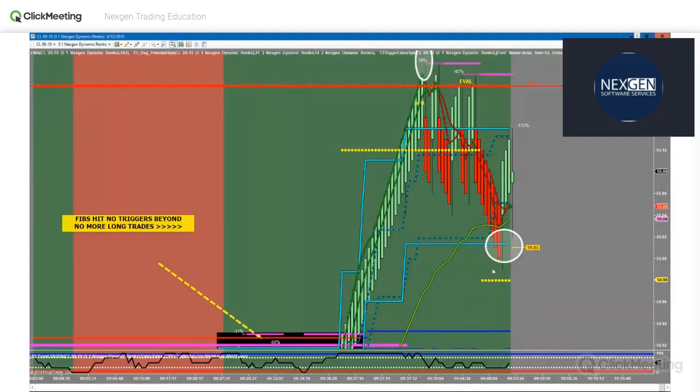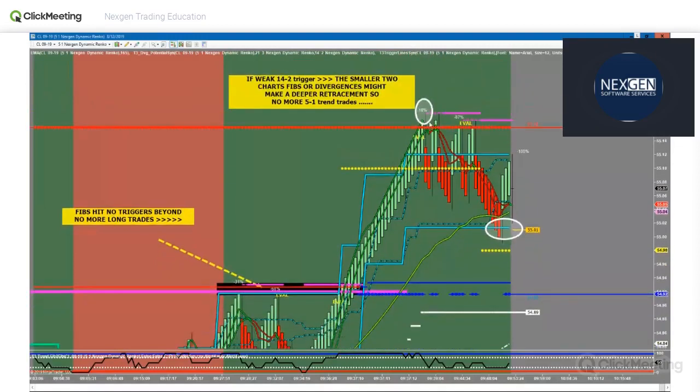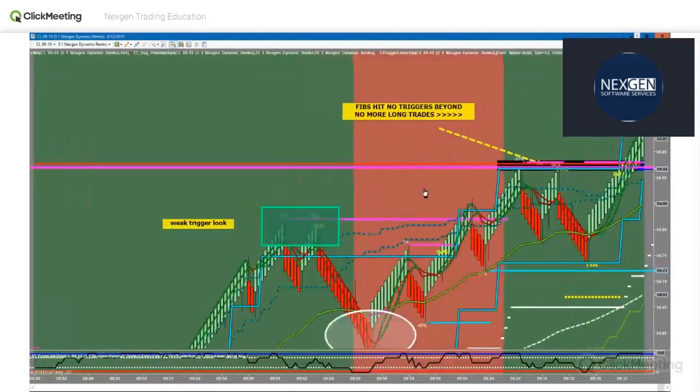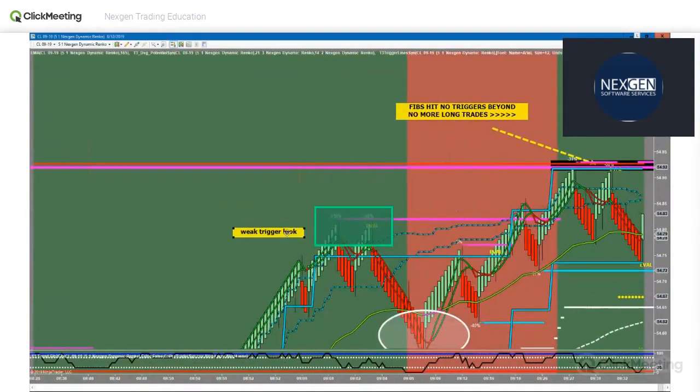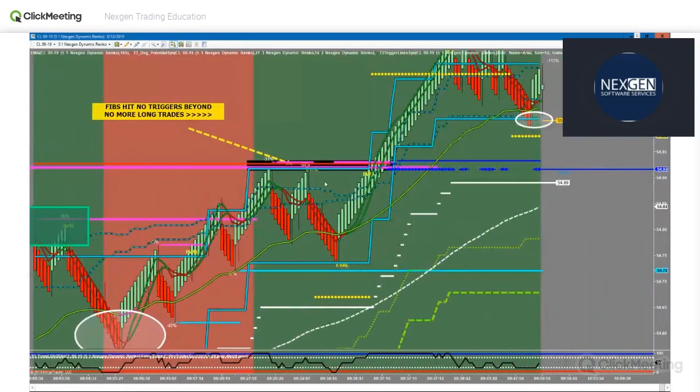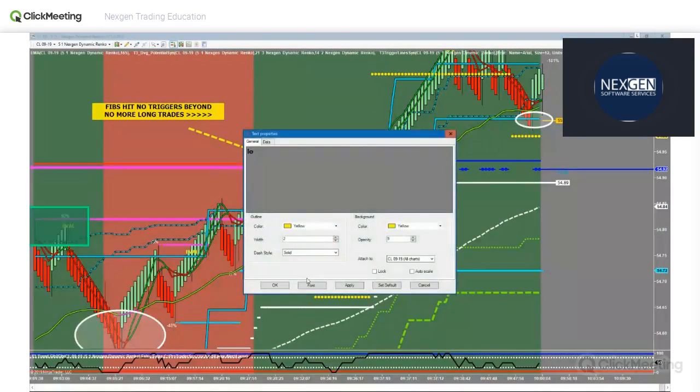Some of you guys may have done it anyway just because the market is so strong. But this is the one that doesn't follow through. Melby, do you understand the concept? Again, weak triggers is okay on the 14-2 chart, but don't hit fibs. If you hit fibs, you've got to wait. And look, this was a good trend, same trend trade long, but it was low probability.